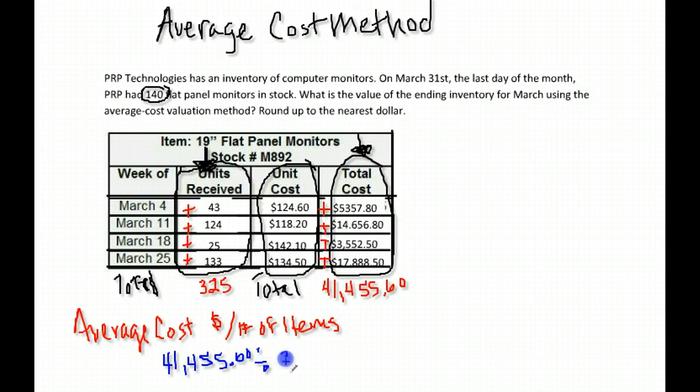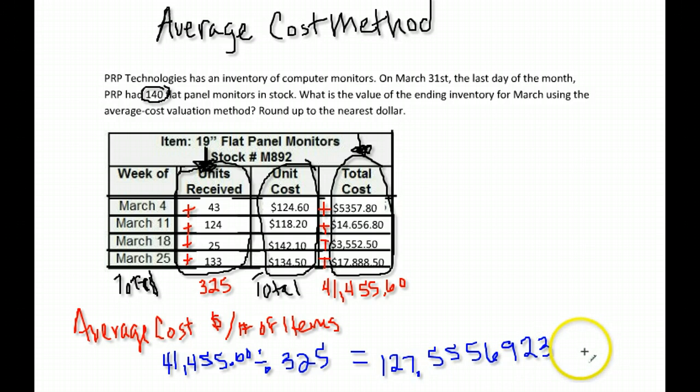We're going to divide that by 325 items. And when you get this number, you want to leave it in your calculator, because the less rounding we do, the closer we're going to get to the exact answer. We get about this much. Okay, but again, just leave that in your calculator.